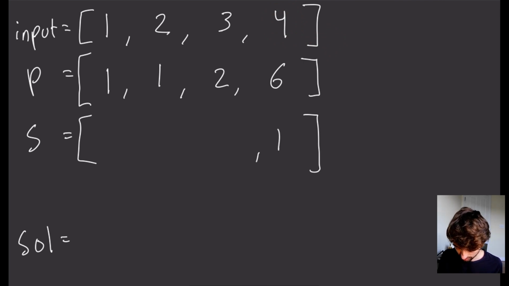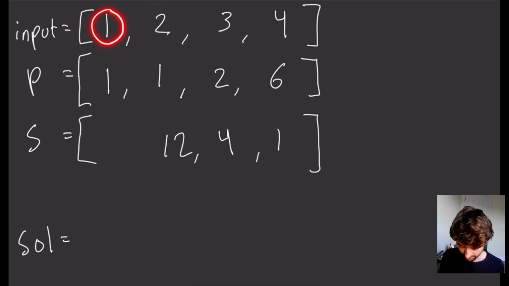And then next, the suffix of 3 will be the product of everything to the right of it, so that's just 4. So we'll write in a 4. The suffix of this position will be 3 times 4, which is 12. And finally, the suffix of 1 will be everything to the right of that, which is 24.